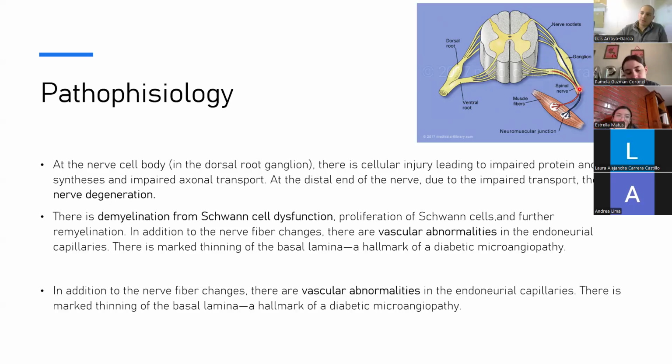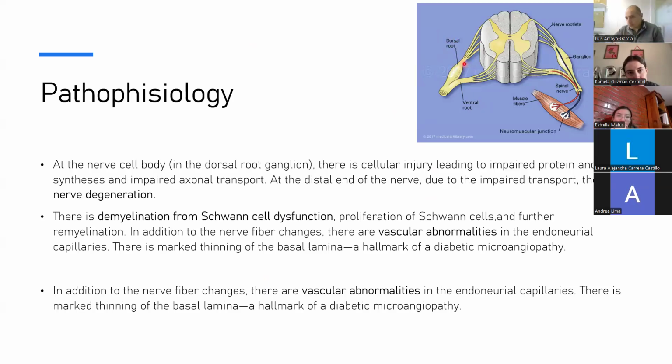Why are the distal limbs more affected? In the pathophysiology, what I'm telling you is that the neurons in the dorsal root ganglion start having problems.